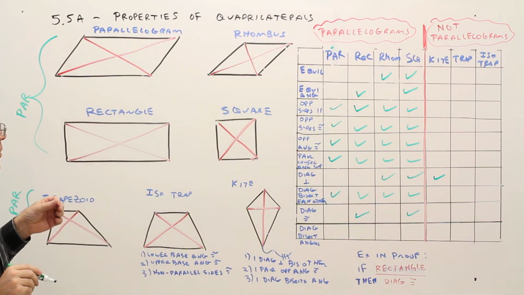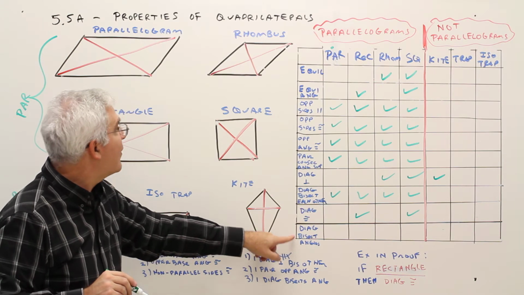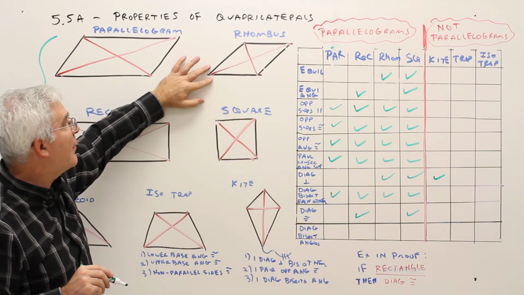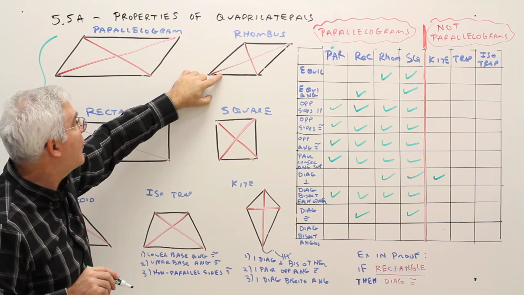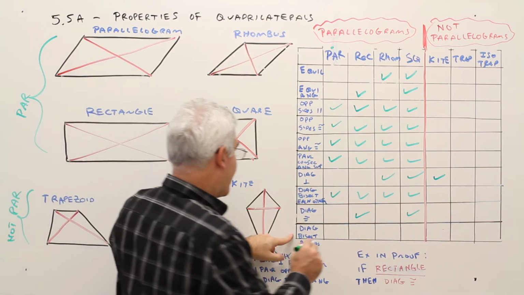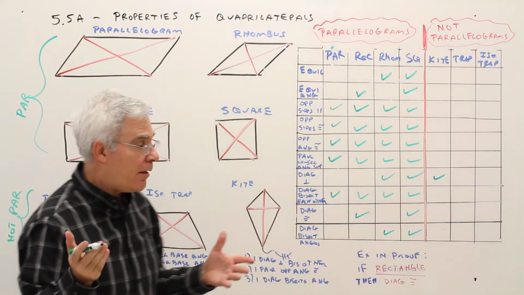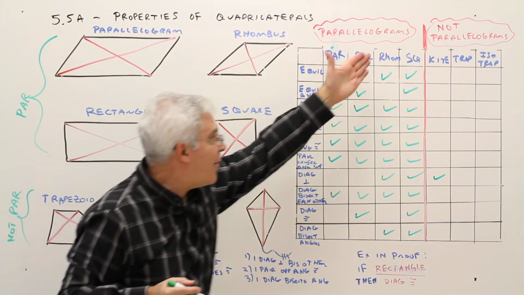Diagonal bisects the angles. That does happen for a rhombus. Hopefully you can see that angle and that angle, that angle and that angle. So diagonals bisect the angles. Again, I'll go rhombus, and again, square gets all those. So the square has everything.